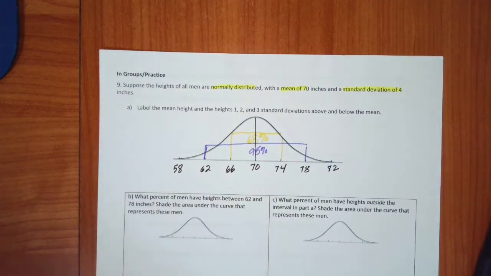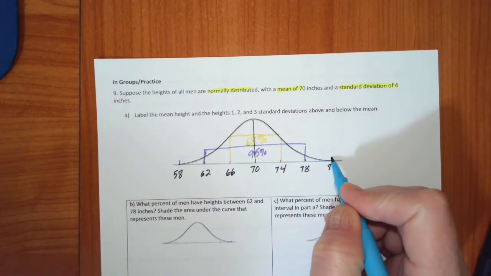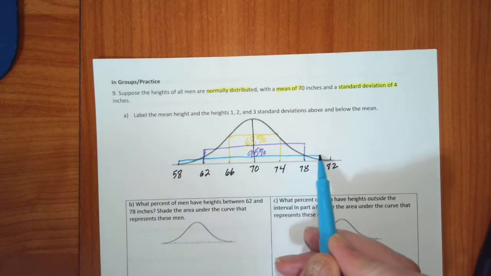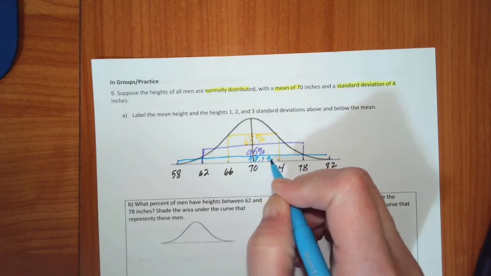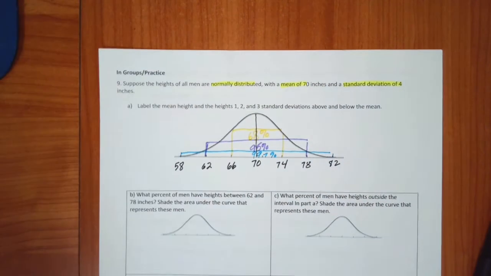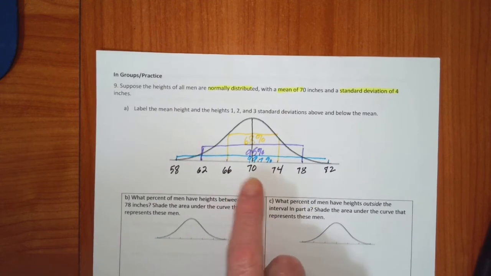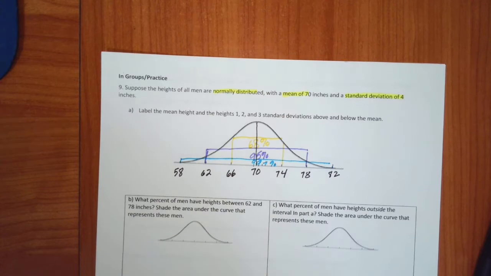And then finally for the last one, for 3 standard deviations, 99.7% of the data is in between those values. Okay, so if we remember that, then we're pretty good that this is the mean, 1, 2, 3, negative 1, negative 2, negative 3, and these values.